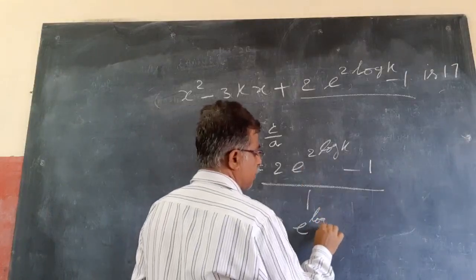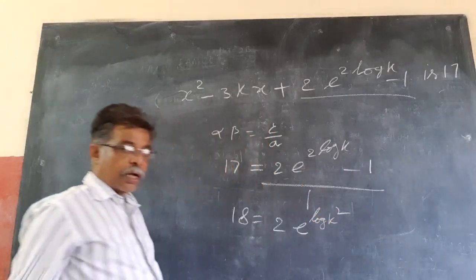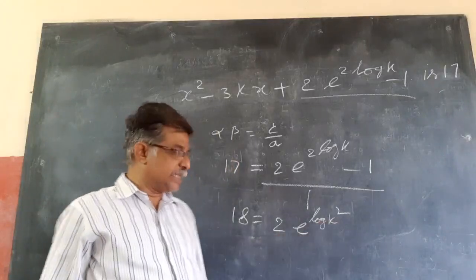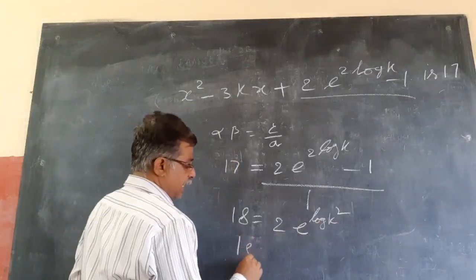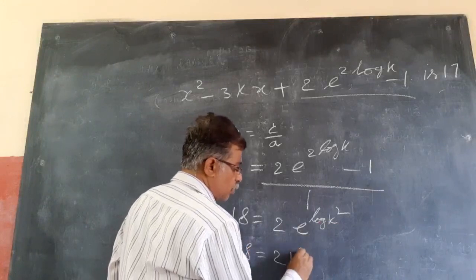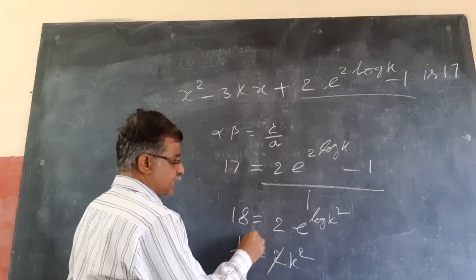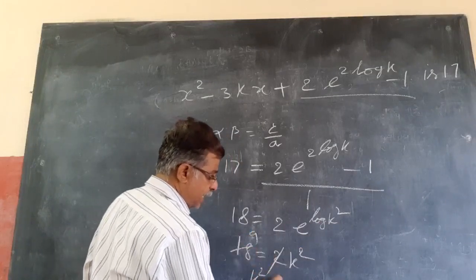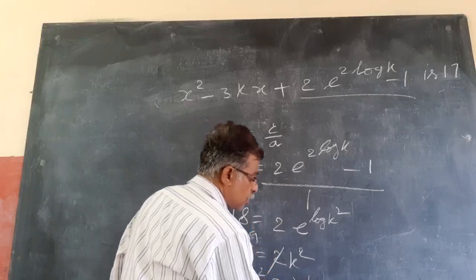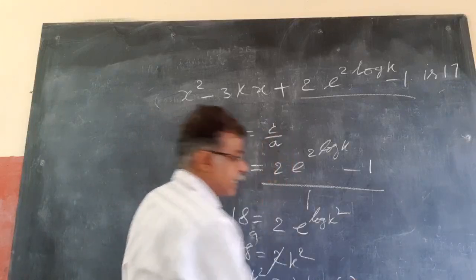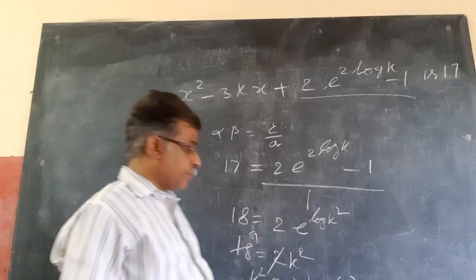I can write as log of k square. Now e power log x is x itself. It is nothing but 18 equal to 2 into k square. So 2 nines are 18, so k square equal to 9 implies k equal to plus or minus 3.